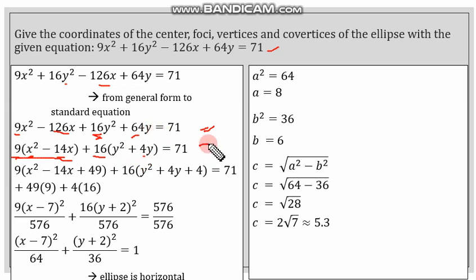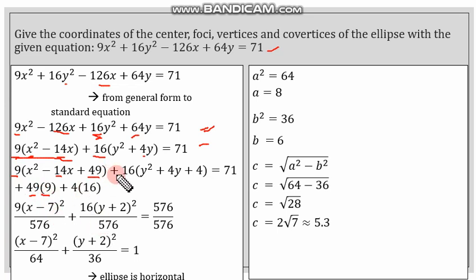Next, we will use completing the square for both the x part and the y part, and we will add the values we add on the left side also to the right side. So 9 times the quantity of x squared minus 14x. 14 divided by 2 is 7. 7 times 7 is 49. So we will add 49 here at the right side, and don't forget what we factored out earlier, which is 9, so times 9.